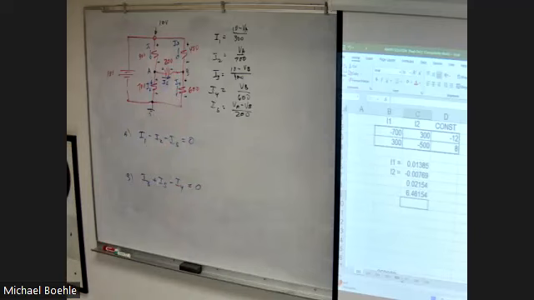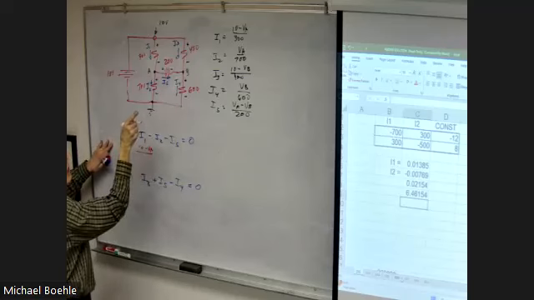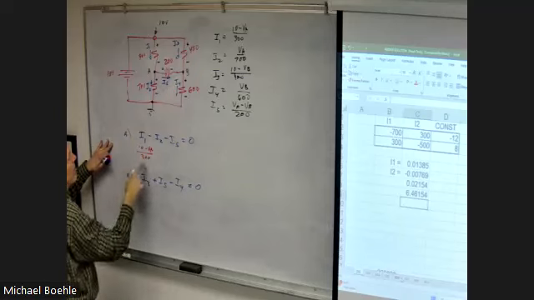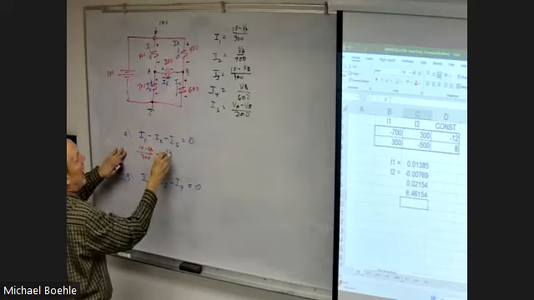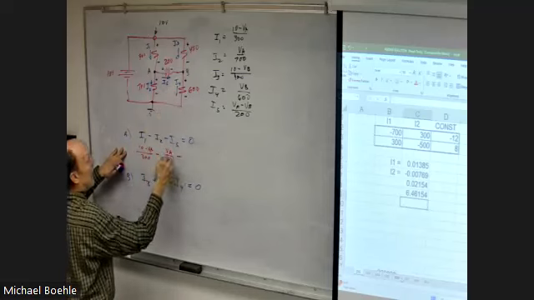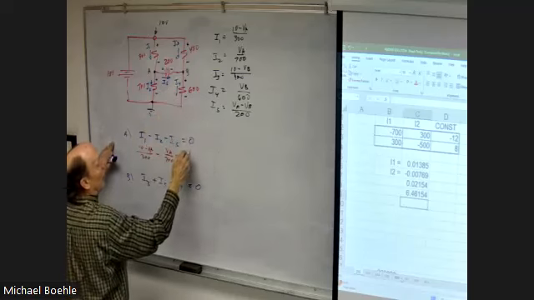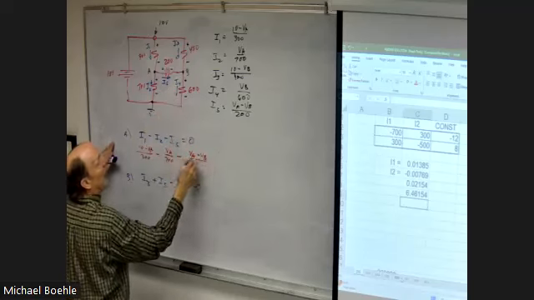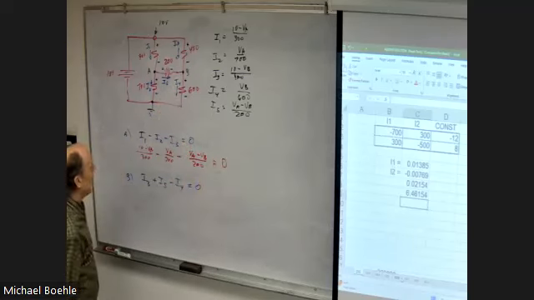Now, I substitute in the currents for each one. So current 1, 10 minus voltage A divided by 300, minus current 2, which is voltage A divided by 700, minus current 5, which is voltage A minus voltage B divided by 200, and that's equal to 0.